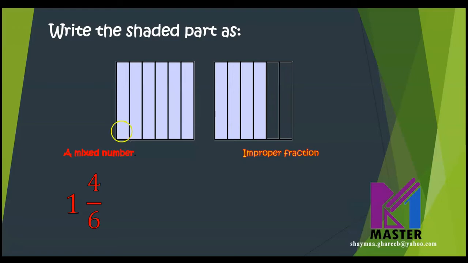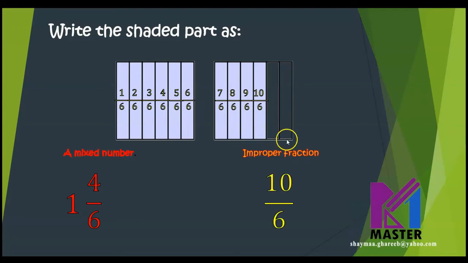Is this clear? So let's count how many sixths there are. 1/6, 2 over 6, 3, 4, 5, 6, 7, 8, 9, and 10. So I have 10 sixths colored. So the improper fraction here will be 10 over 6.